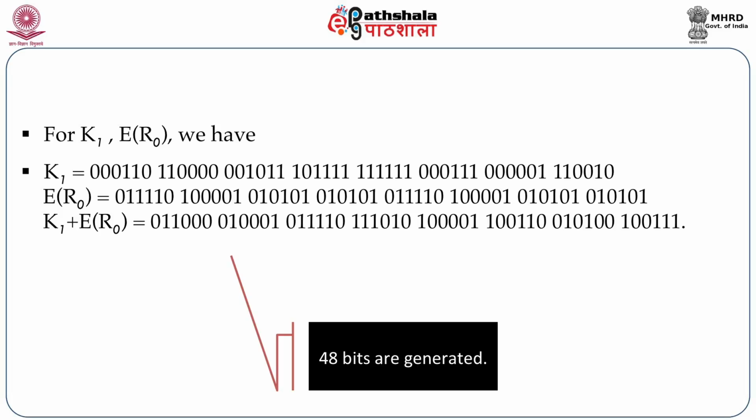So the function would generate 48 bits. Now remember, the catch is we want to perform exclusive OR of L0 and the output of the function, that is the exclusive OR of the key and expanded R0.